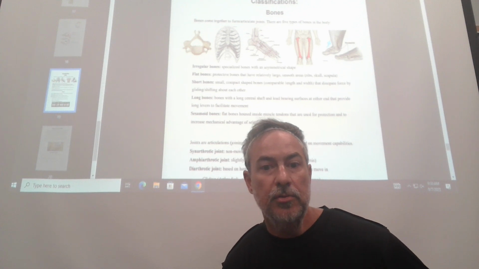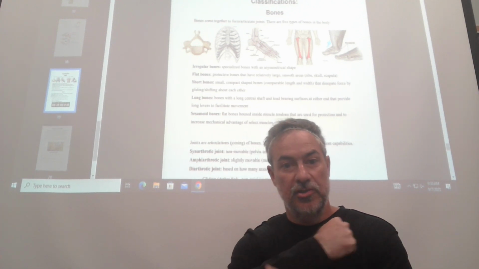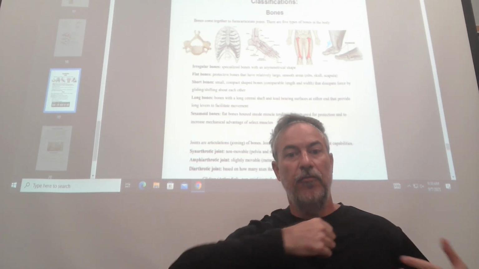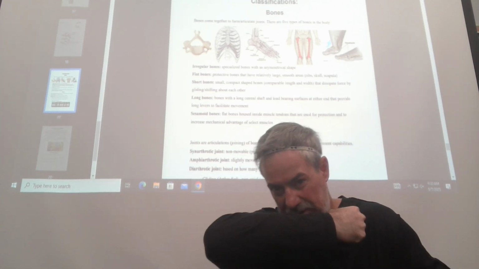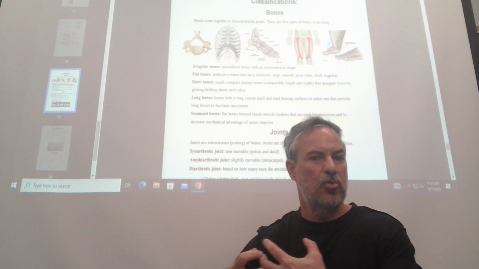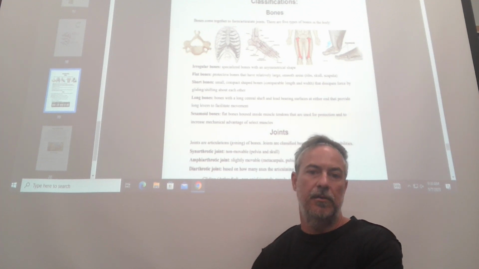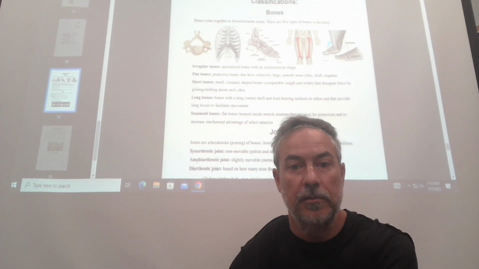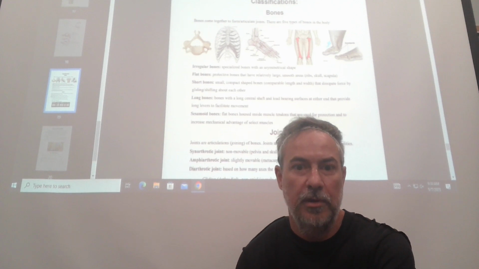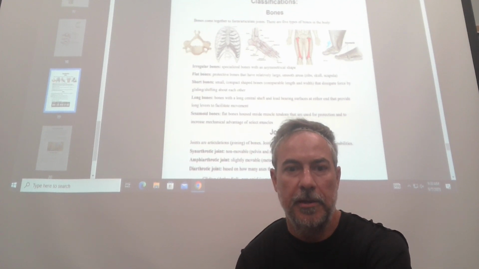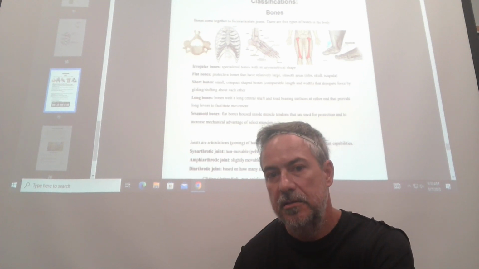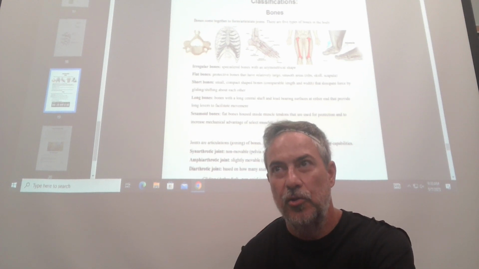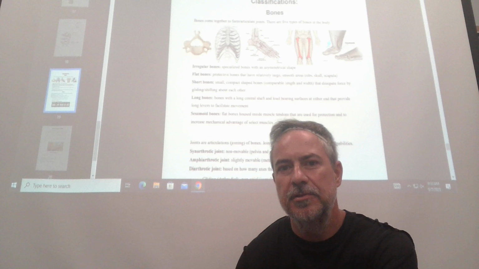Not saying that's not true, but you know what else the patella does? It serves as a shield for when you fall and you land on your knee. That patella can protect and absorb some of that force so that it doesn't travel any further up the chain, okay? So it's kind of a flat bone that also serves as a leverage increaser. I love making up words.